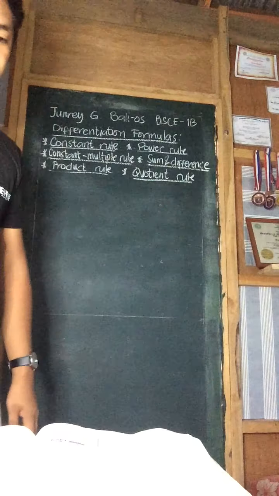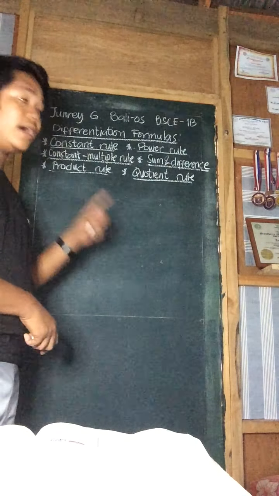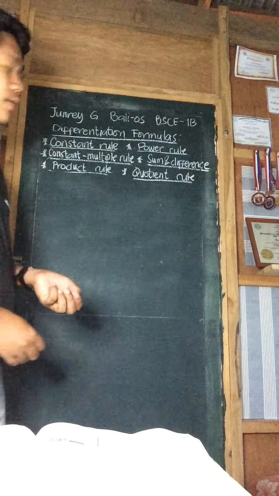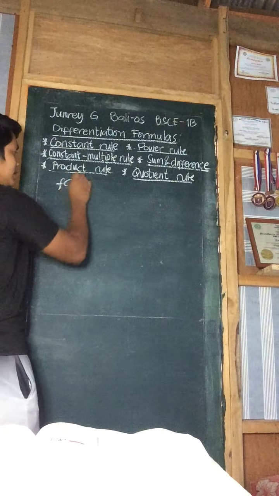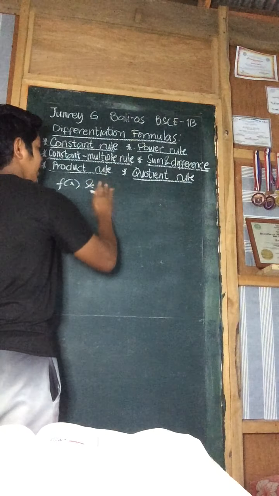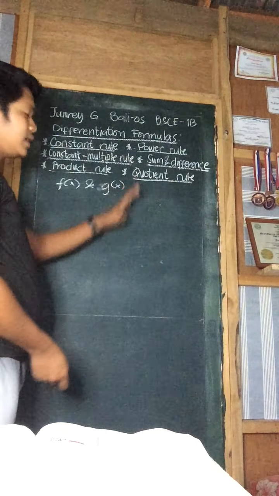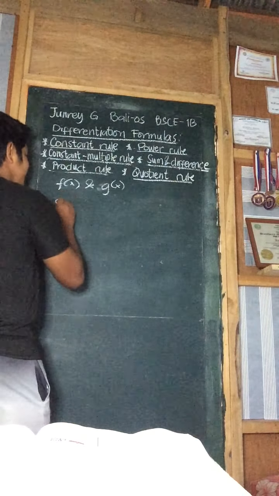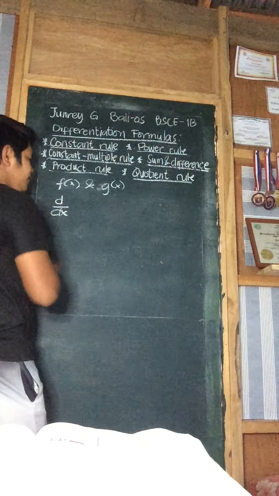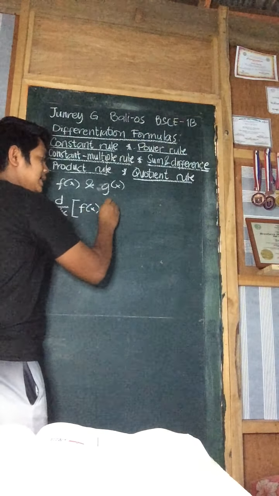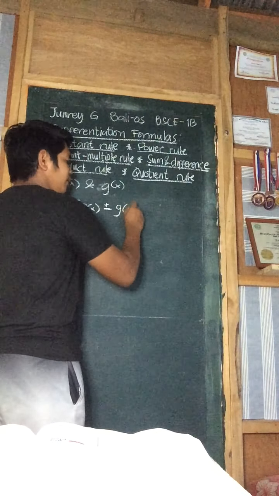If f and g are two differentiable functions at x, then the formula of the sum and difference rule is this: d over dx, or the derivative of f of x plus or minus g of x.